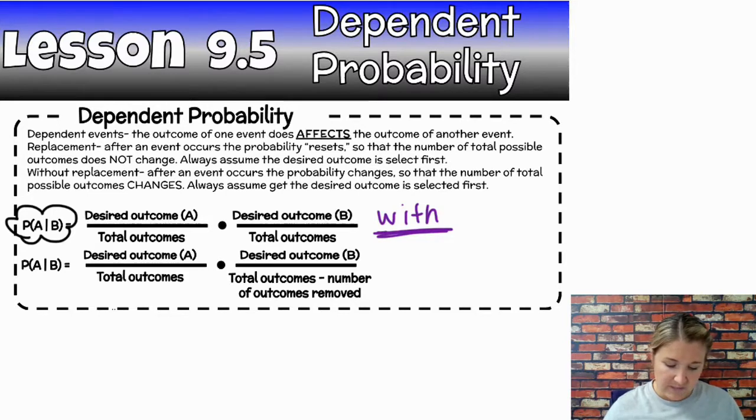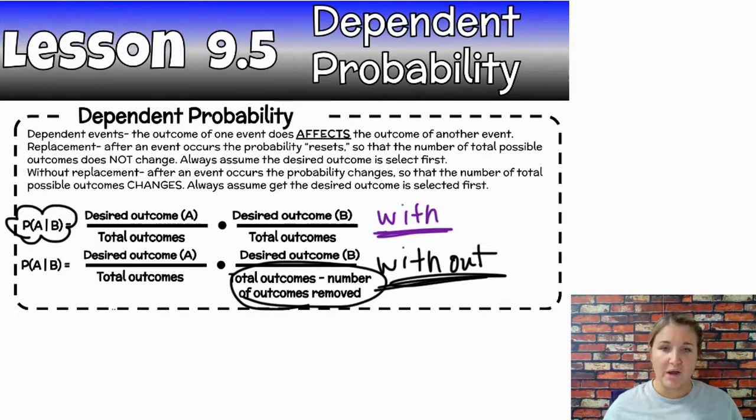And same thing there, except the first one is with replacement, and then the second equation is without replacement. So if you remove one, that means your total outcome, you're going to subtract the number of outcomes that you removed. And so then it's just going to be 1.